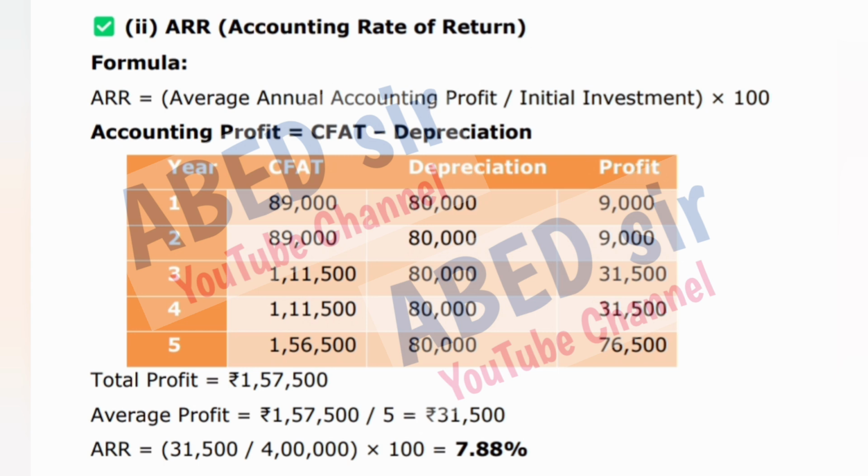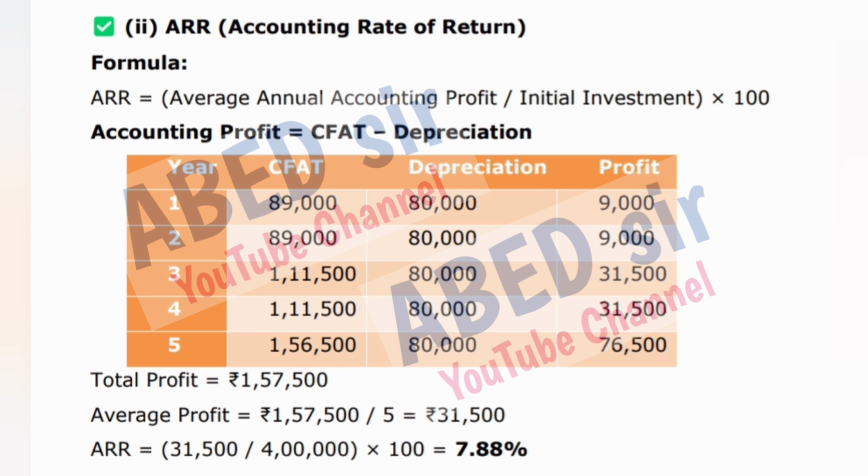2. ARR, accounting rate of return. Formula: ARR is equal to average annual accounting profit divided by initial investment times 100. Accounting profit is equal to CFAT minus depreciation. Year 1: 89,000, 80,000, 9,000. Year 2: 89,000, 80,000, 9,000. Year 3: 1,11,500, 80,000, 31,500. Year 4: 1,11,500, 80,000, 31,500.